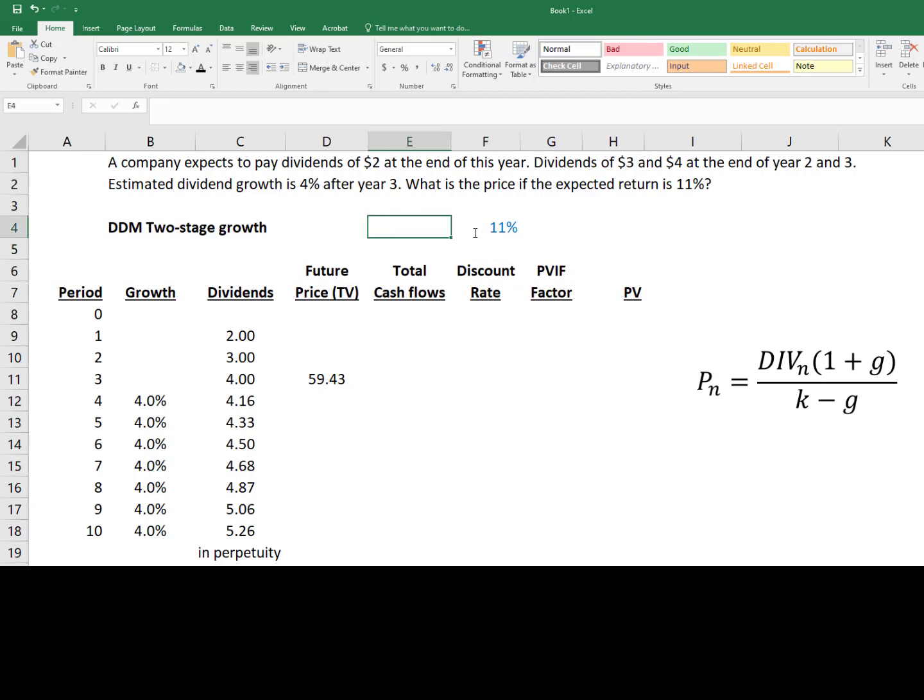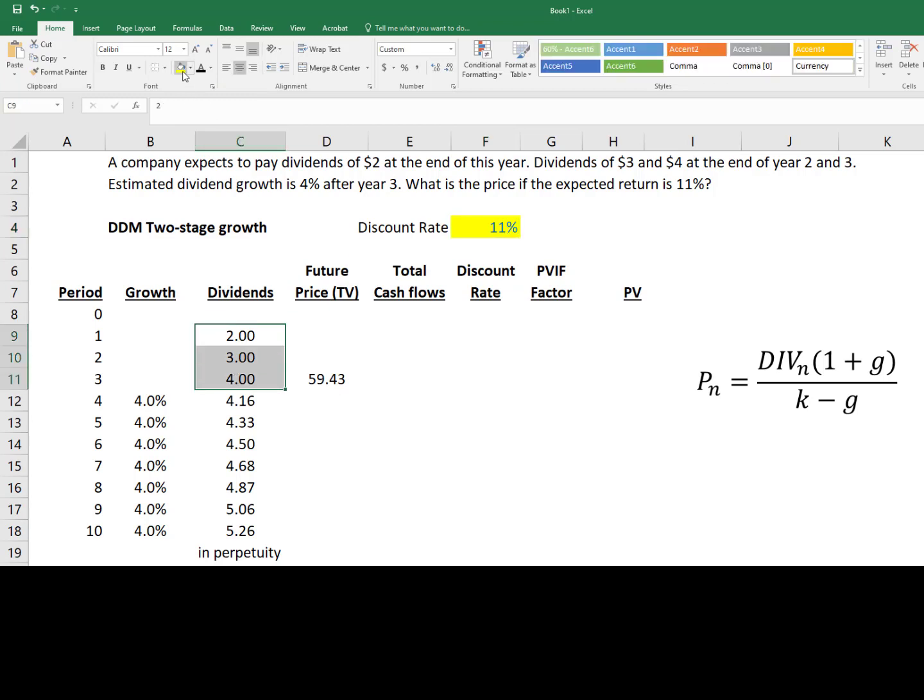You can see that it's often helpful when putting assumptions into a model to highlight them in yellow. That's an old convention. So we know that these are assumptions. These 3 dividends we entered as numbers, and this growth rate we entered as a number.